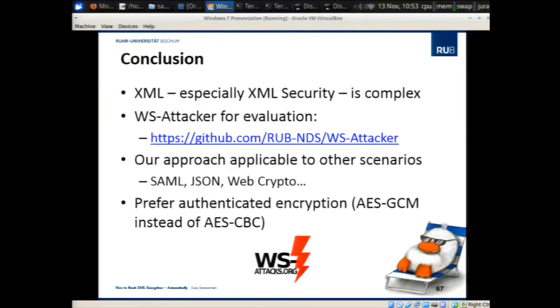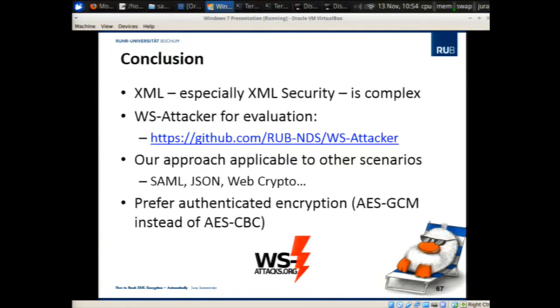If you use XML Encryption and XML Signature in your company, you can use WS-Attacker for its evaluation. And in general, WS-Attacker is applied on SOAP-based web services, but you can use the libraries from WS-Attacker to attack other XML-based frameworks as well, or you can apply the ideas behind the attack to JSON or Web Crypto API.